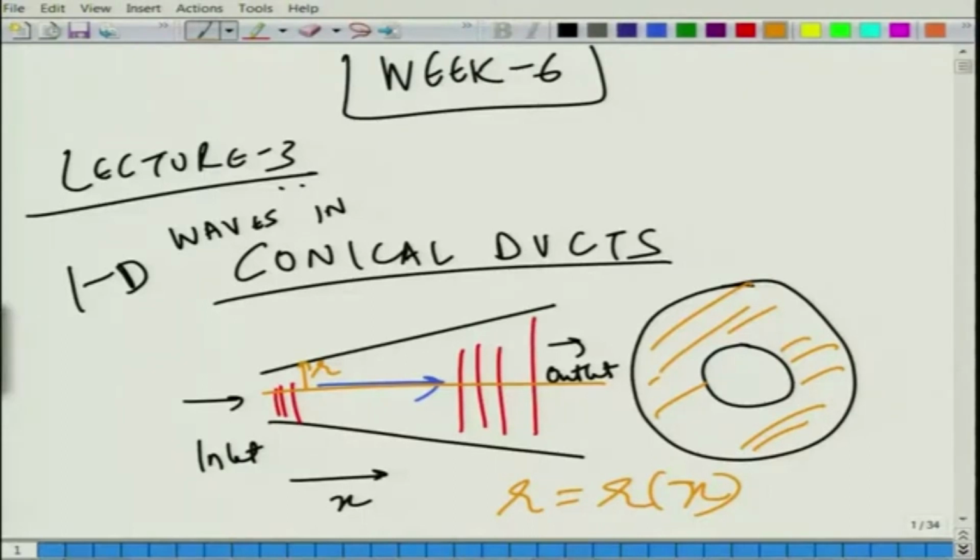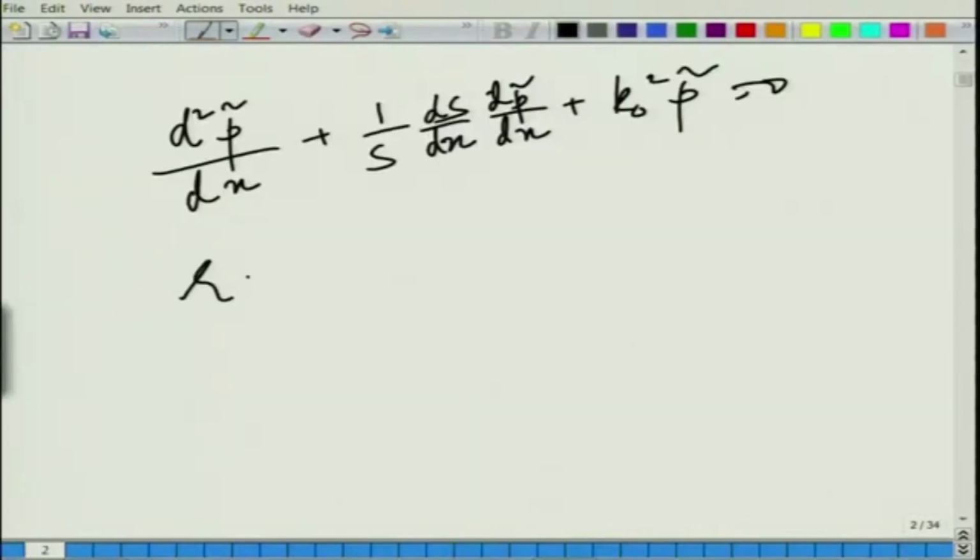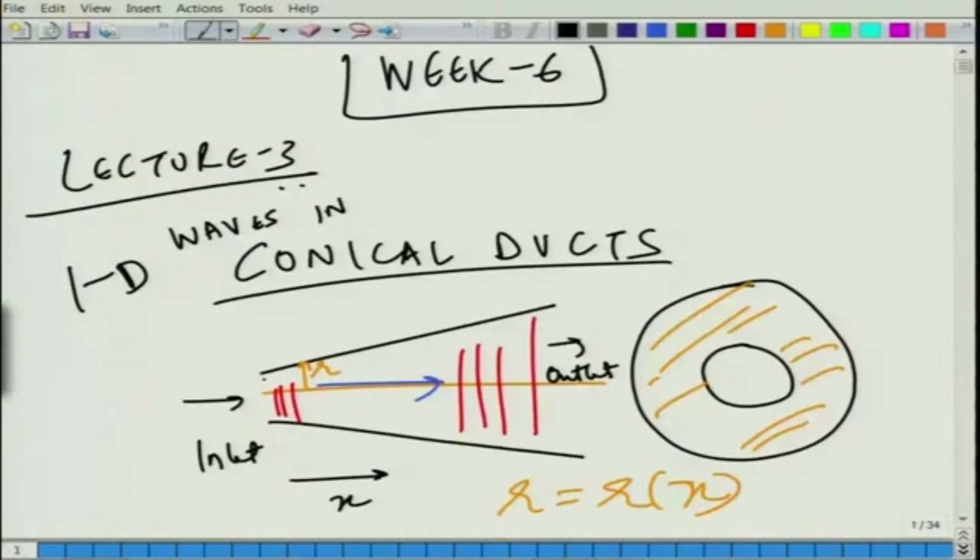For a conical duct the radius is linearly increasing. So, R is equal to R naught plus alpha x, where R naught is some constant, and alpha is the slope. It is basically related to tan theta.